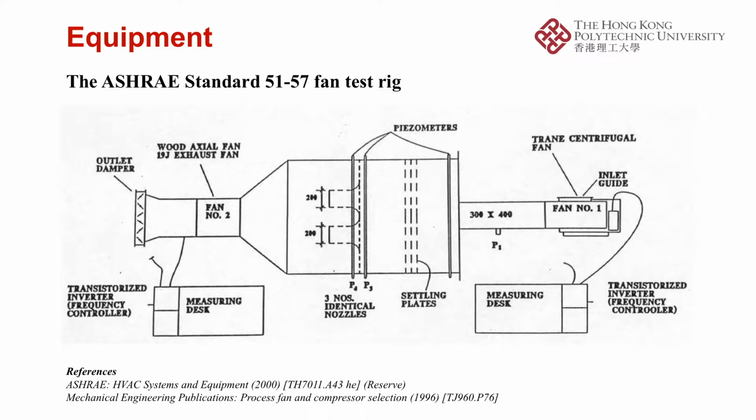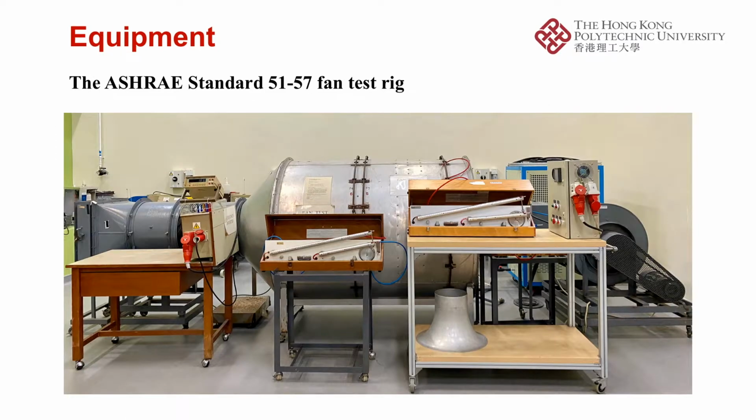Now, let's move on to the experiment equipment. In this experiment, the Usher standard fan test rig will be used, as shown in this picture. Then, look at this photo. This is the experimental setup for our experiments.